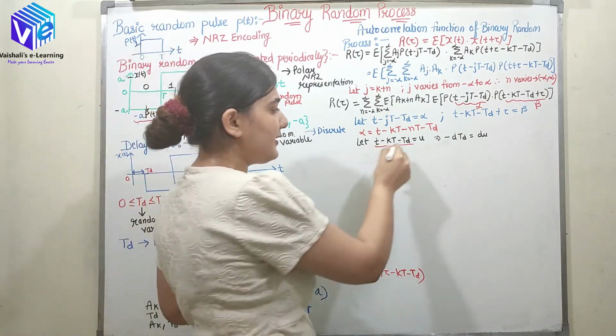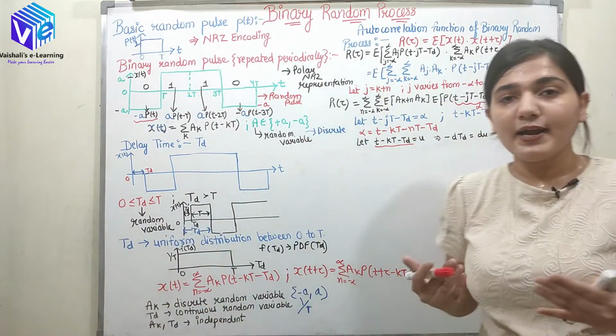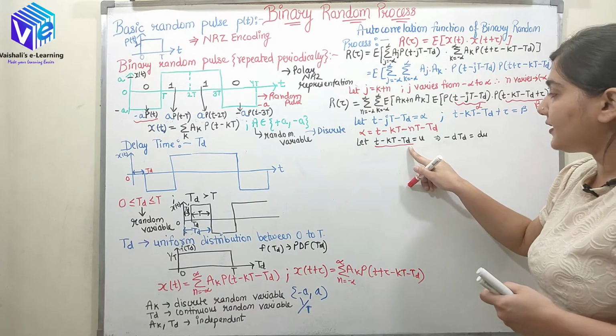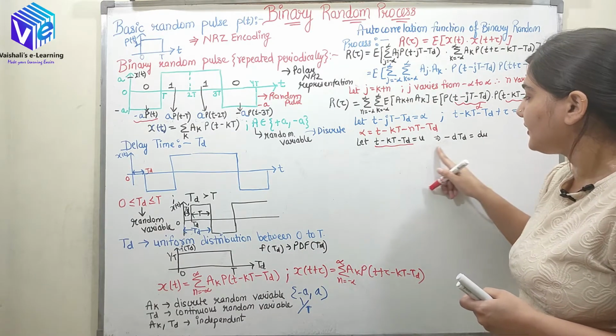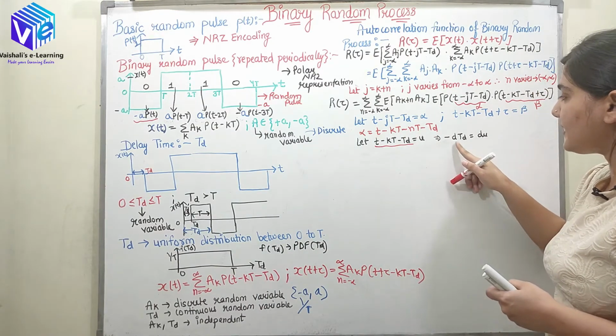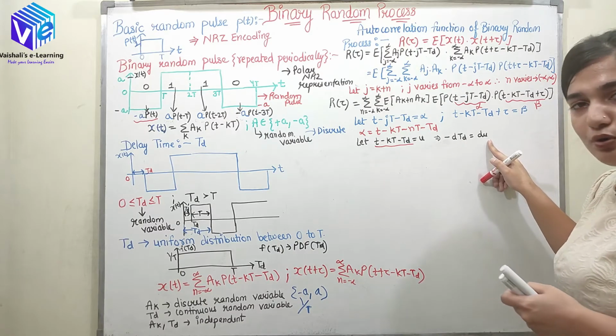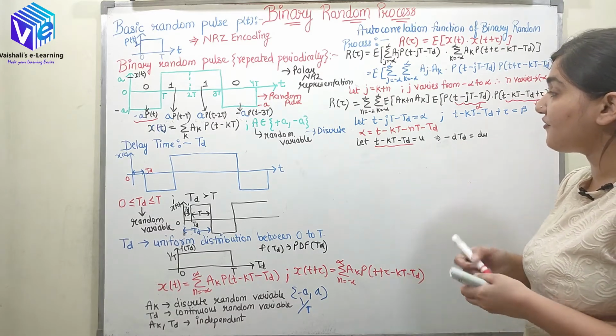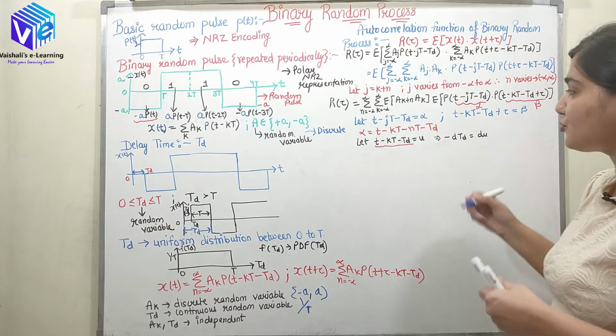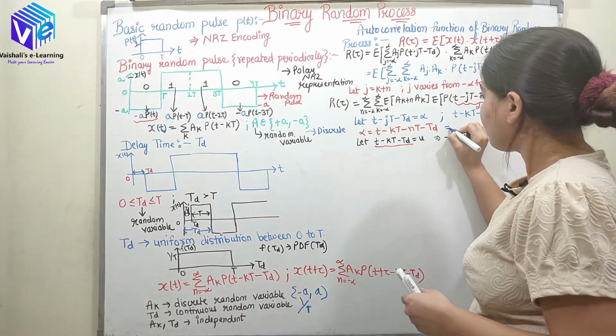So when I consider the delay time, I'll take it in terms of delay time. Differentiation in terms of delay time would be minus dt_d, so it is equal to du. Now if I represent alpha in terms of u, what would alpha be?